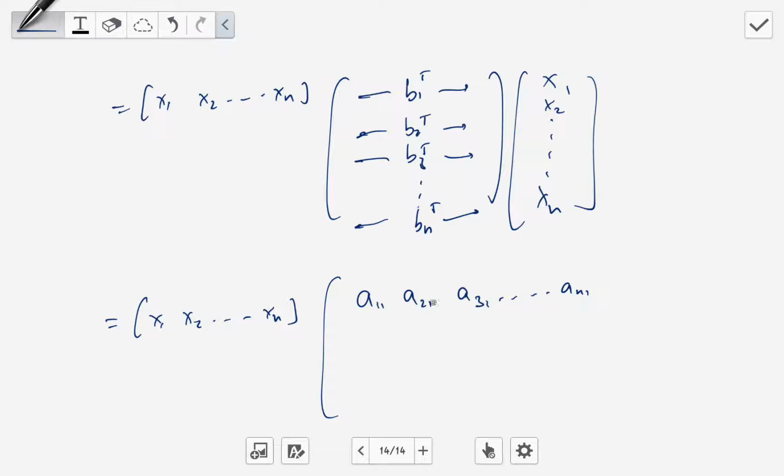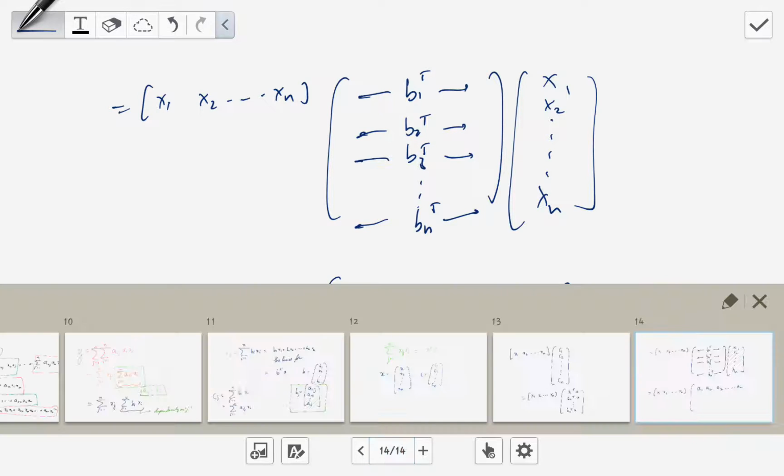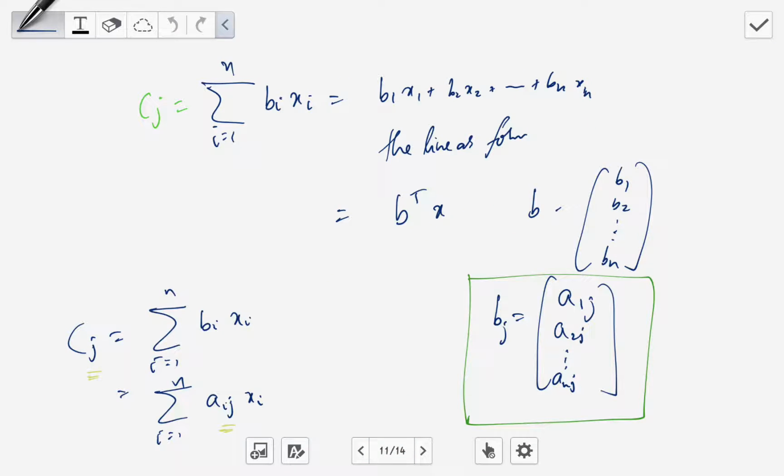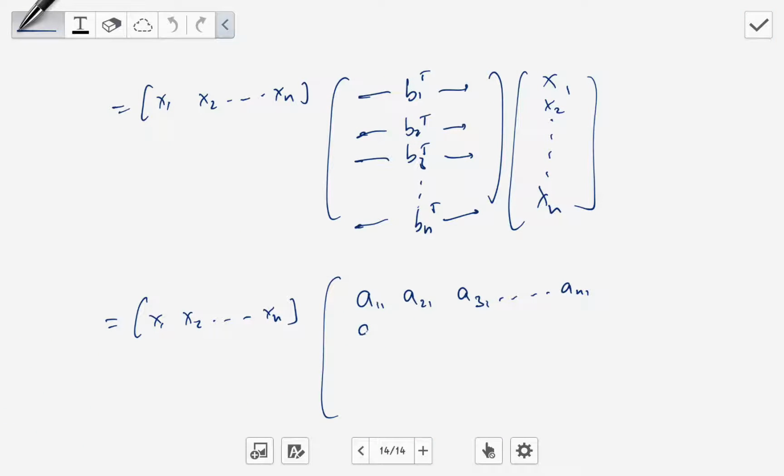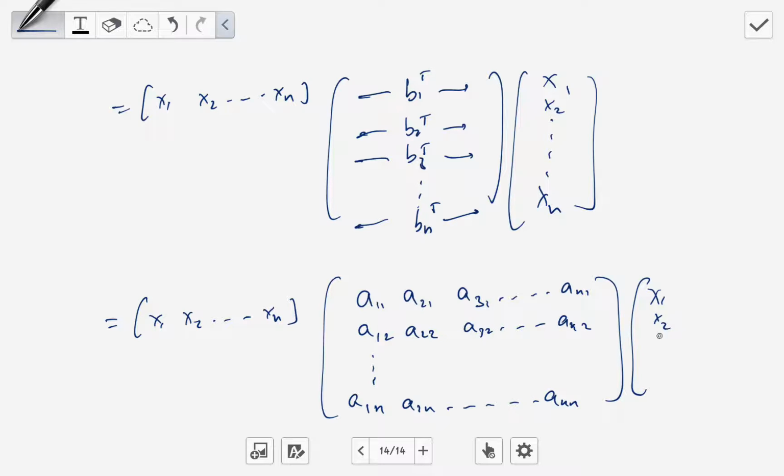I am not writing the indices in a proper way here, I should have taken j1 instead of 1j, but that's okay. You understand the idea. The second one you have a12, a22, a32, and so on up to an2, and this goes on up to a1n, a2n, so on up to ann, times x1, x2, xn.